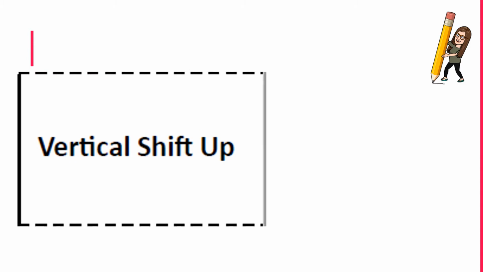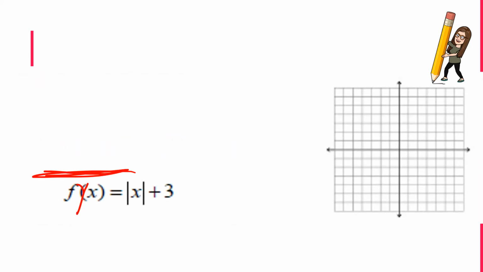The first tab we're going to look at is a vertical shift up. Keyword vertical. Vertical implying y-axis. When we open that tab, we're given the function f of x equals the absolute value of x plus 3. And so the rule that we're going to keep working on is when you add a value to the outside of a function.